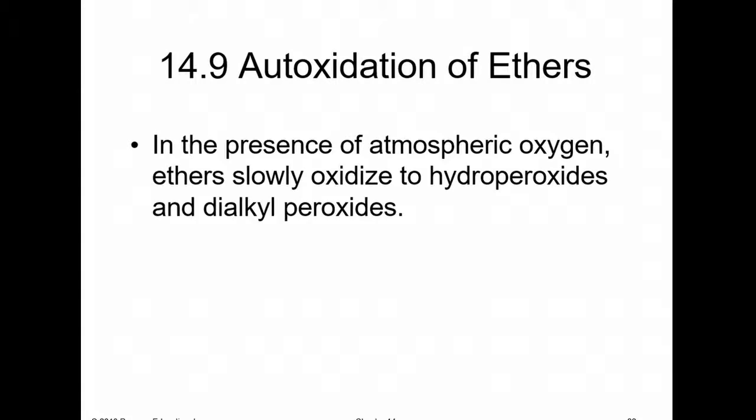Okay, ethers can form peroxides with oxygen in the air. So in the presence of atmospheric oxygen, ethers slowly oxidize to hydroperoxides or to alkyl peroxides. All right, a hydroperoxide is something that looks like this. Okay, a dialkyl peroxide is where you have two alkyl groups. But a peroxide is basically two oxygens.